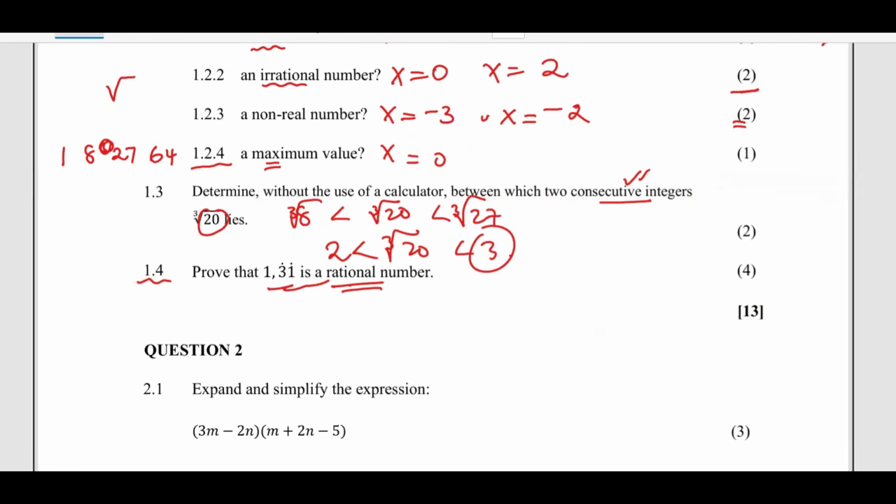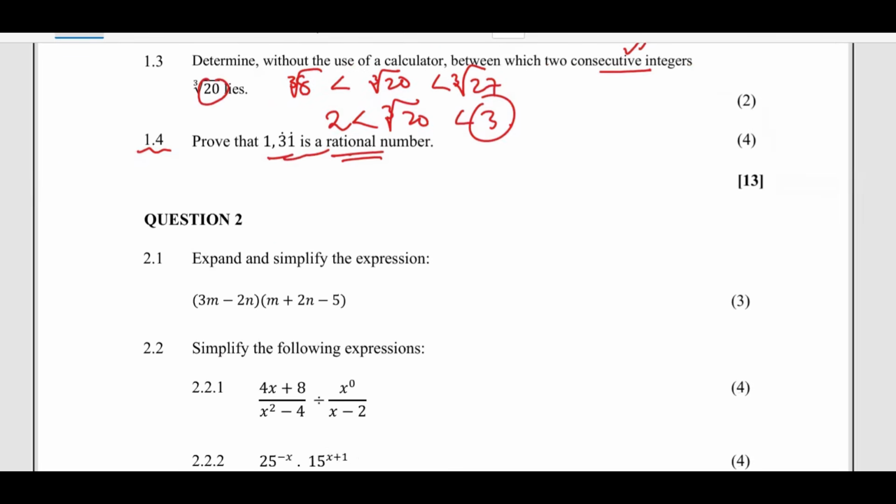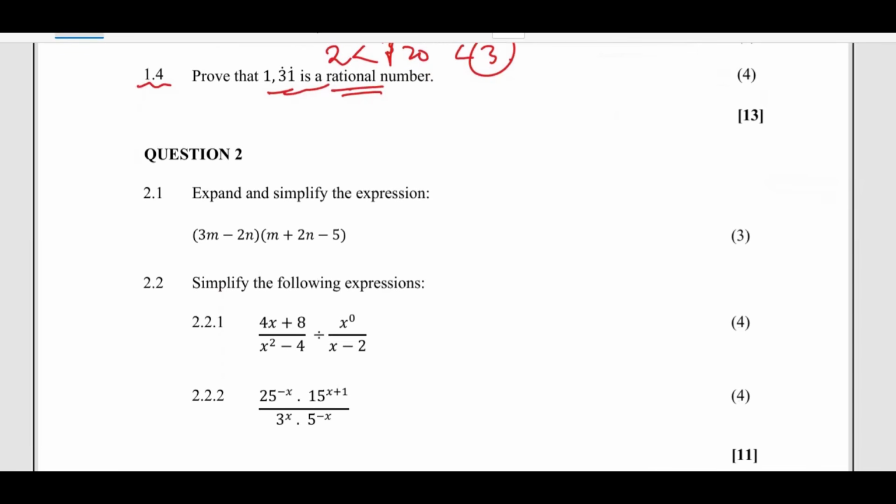All right, then question number 2. They're telling us to expand. Remember what we said: expand and simplify means opening the brackets. So in this case, we have 3m into m plus 2n minus 5, and then minus 2n into m plus 2n minus 5.